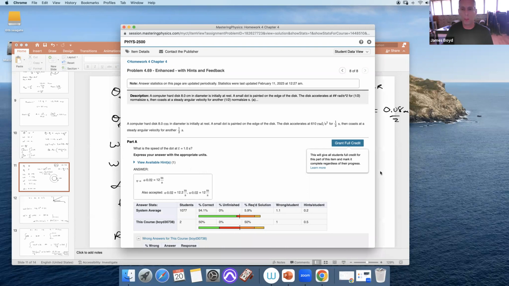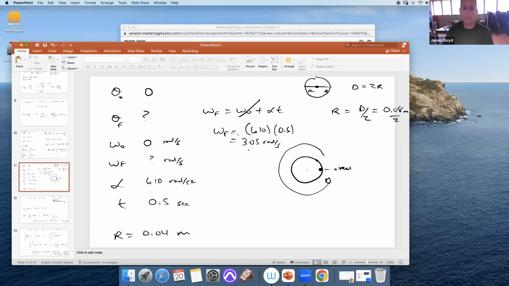Oh, we want the speed of the dot. So we have this, right? But remember that V is R omega. So we need to multiply. We want to find V. So 0.04 times 305, and that'll give us the velocity of the dot. 0.04 times 305 is 12.2 meters per second.